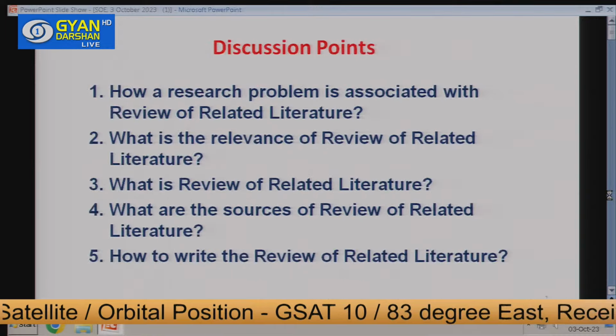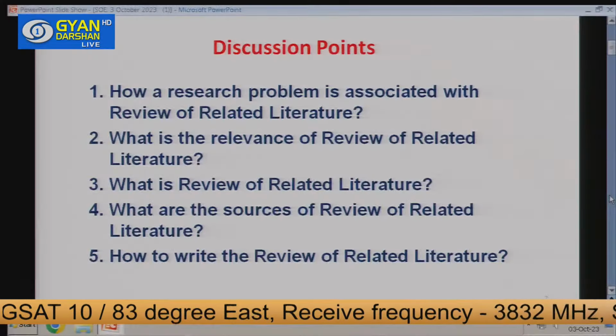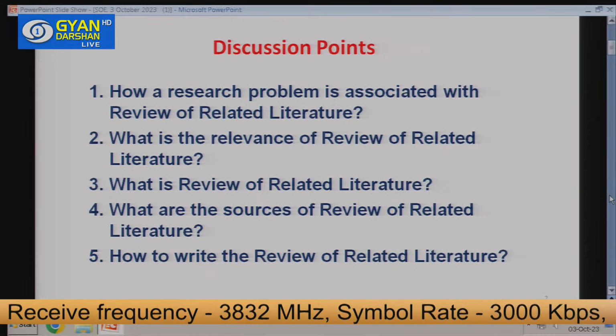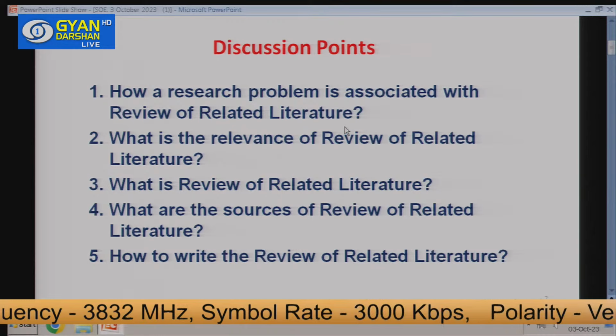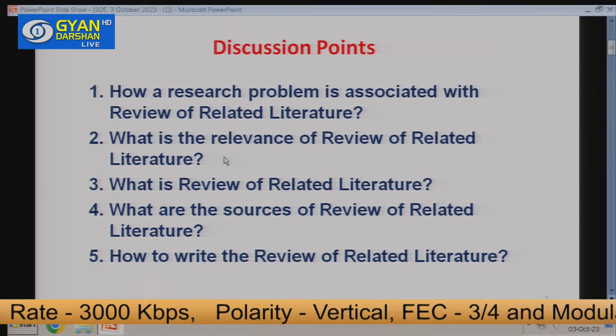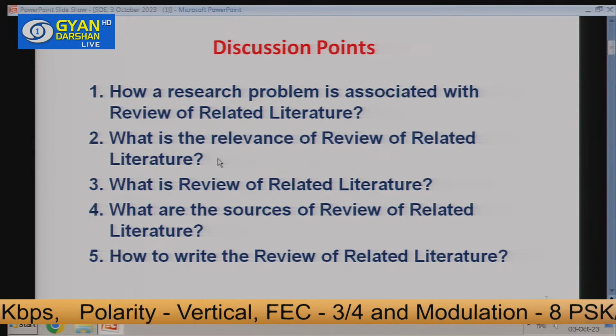Now let us go forward to understand the different important aspects that we will be discussing today. First is how a research problem is associated with review of related literature. Then the second discussion point is what is the relevance of review of related literature.